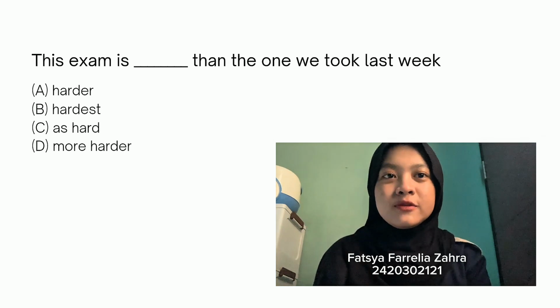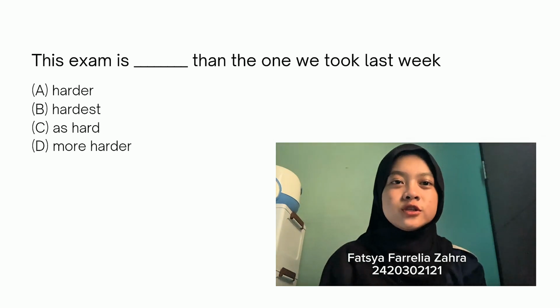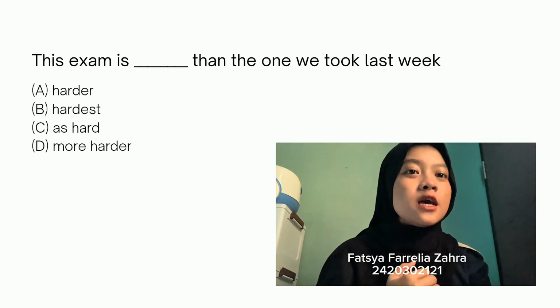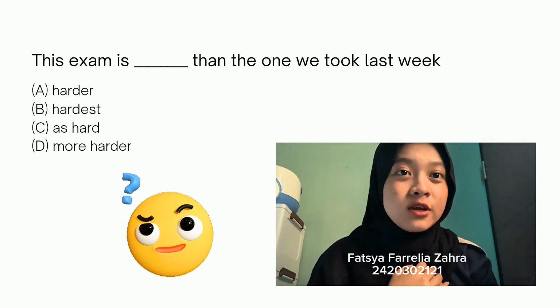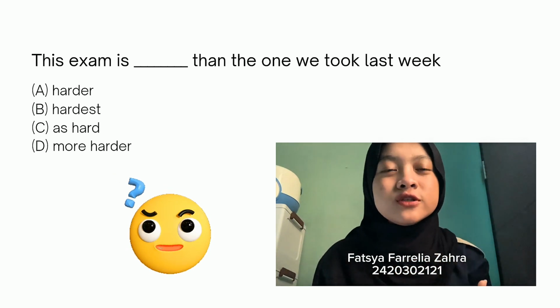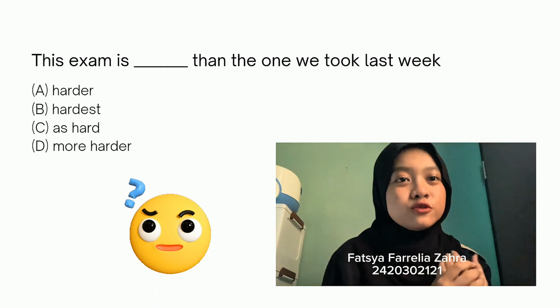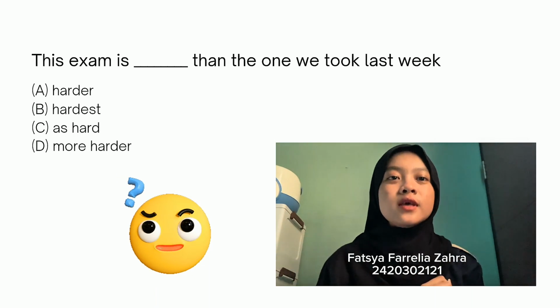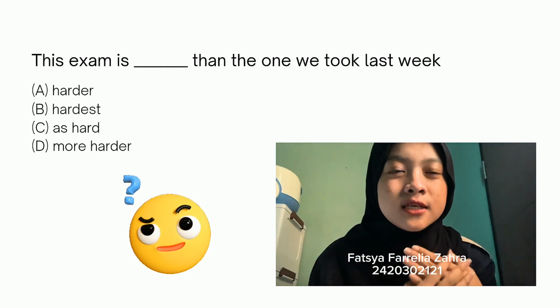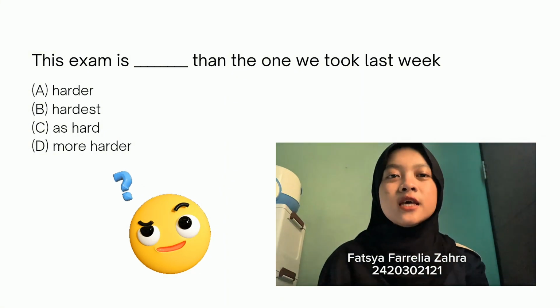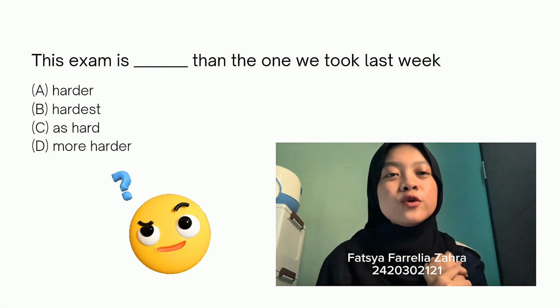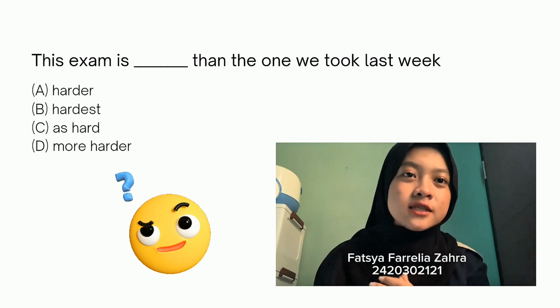Hello, my name is Fatsya Farrelia Zahra with student number 24 20 30 21 21. I'm here to explain how to answer some types of TOEFL questions: sentence completion and error recognition. The first one, I will give you an example of sentence completion.